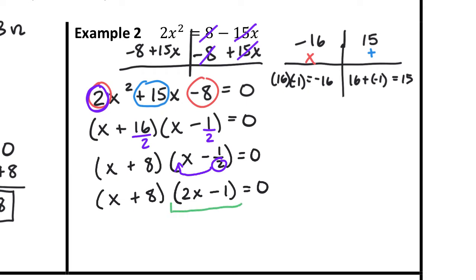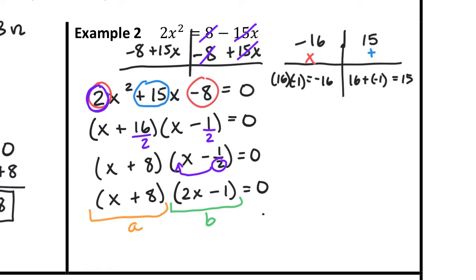I'm going to use a different color, orange. And so we have A times B. That means we have 2 situations.